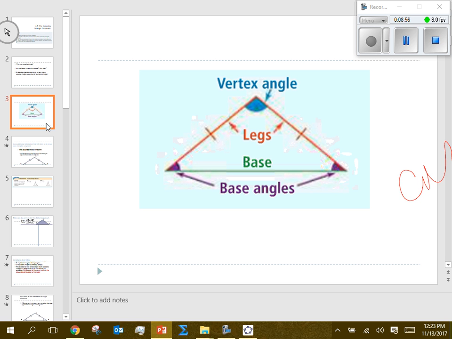And it actually gets used in other types of figures as well, because we have things like isosceles trapezoids and terms like that. So other shapes can have the feature of being isosceles. And the same type of vocabulary comes into play when we talk about those things as well. So it's very important to get a grasp of this now. But the two sides that are congruent, in anything that's isosceles, are usually referred to as the legs.